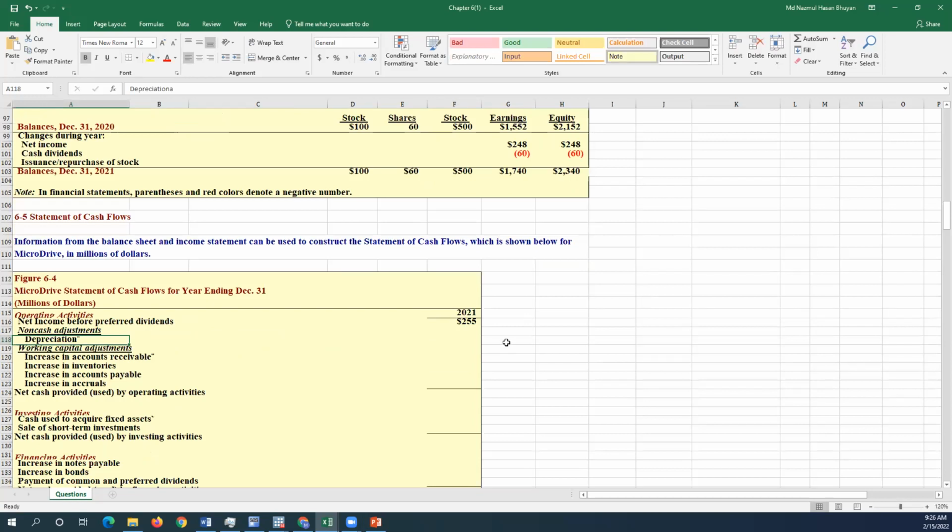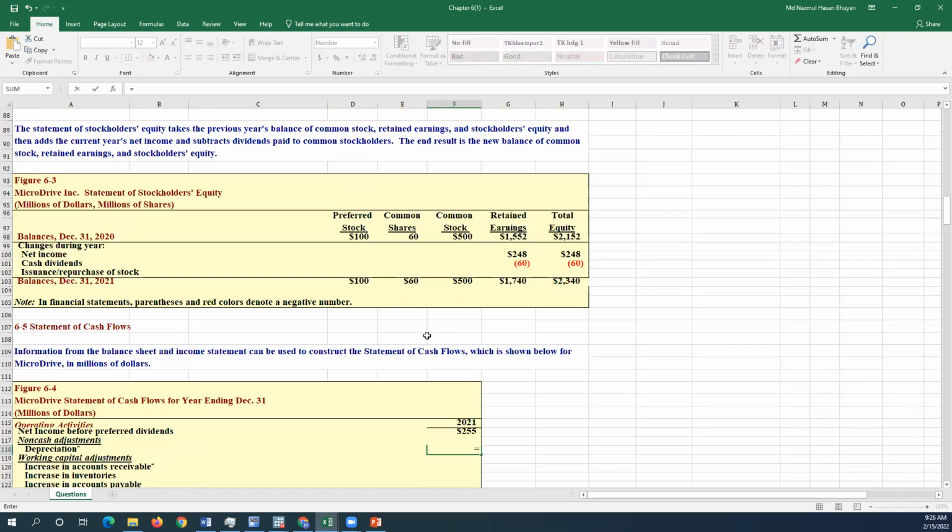Now, let us add up the non-cash expenses, because non-cash expenses are reported as expenses in our income statement, but they are not our true expenses. So we are going to add them back to our net income in order to get our true operating cash flows.